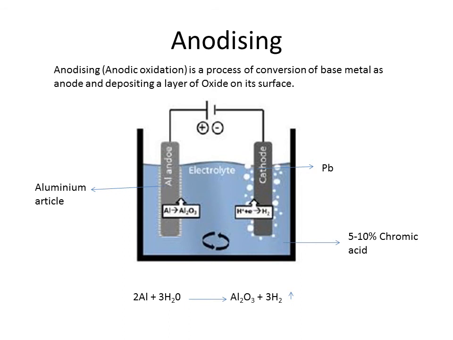But in this case we are discussing corrosion control methods, and we are saying that to protect the metal from corrosion, we have to convert it into an anode. Yes, anodizing is nothing but converting the base metal into an anode, and then a layer of oxide is deposited on its surface. Now we will discuss how anodization is actually carried out.